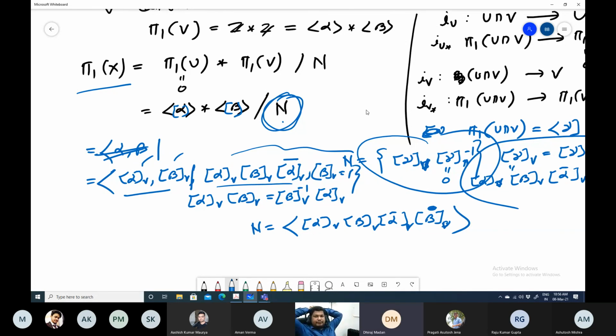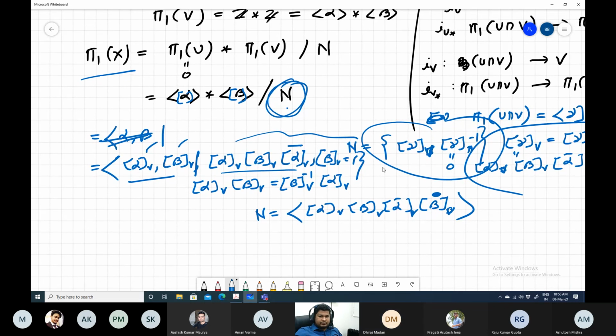Basically, whenever we have a normal group which is generated by some relation, if we quotient with that, we get a group which satisfies that relation.